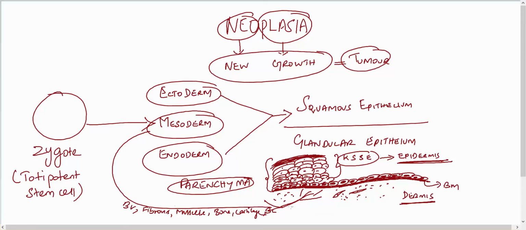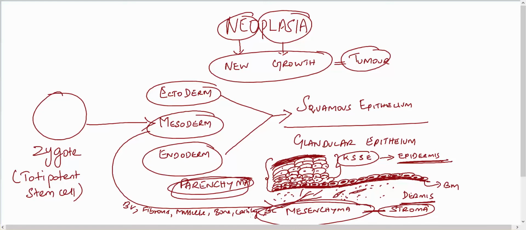They are the supportive structures, and they give support to the epithelium. So they are called mesenchyma. Some people call mesenchyma a stroma. So parenchyma means epithelium, and mesenchyma are the supportive structures to the epithelium.